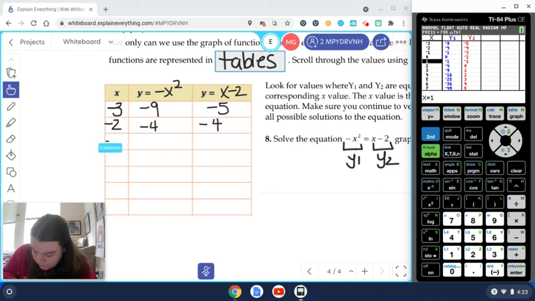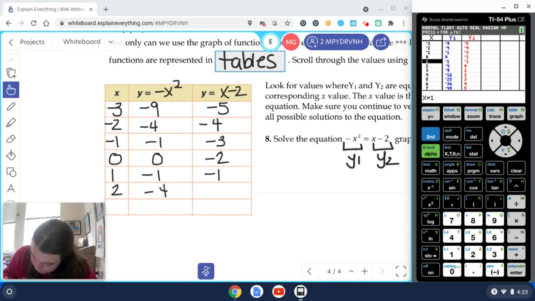Then I have negative 1, negative 1, and negative 3, 0, 0, negative 2, 1, negative 1, negative 1, 2, negative 4, 0, and 3, negative 9, 1. So all I did was just copy those values into my table.